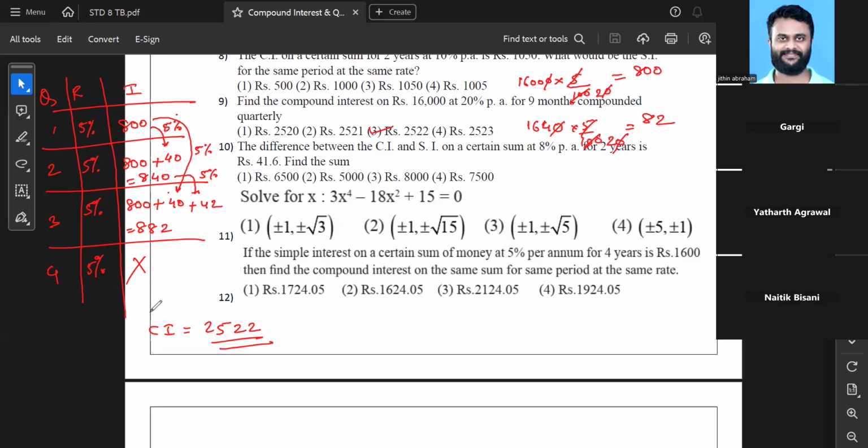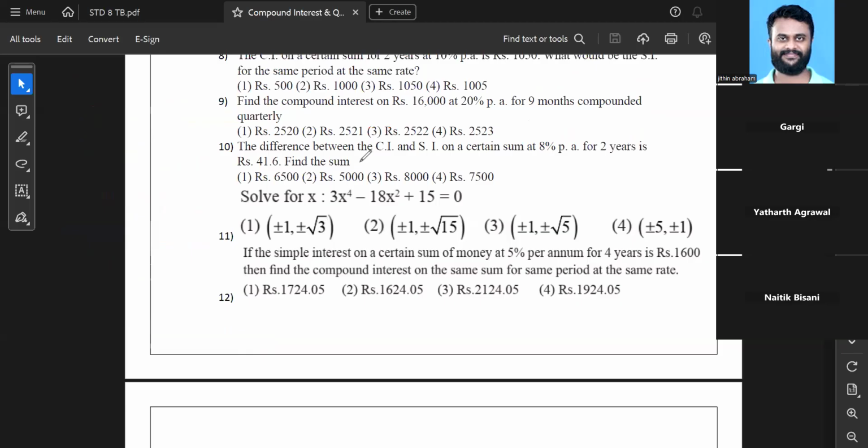If the tenure is huge, like 20 years, 30 years and all, then the formula method is good. Otherwise, 1 year, 2 years, 3 years, the logical approach is fine. Like three stages, one stage, second stage, third stage, maybe at most fourth stage. The logical approach will be easier for you.